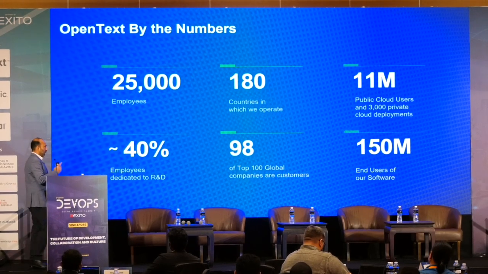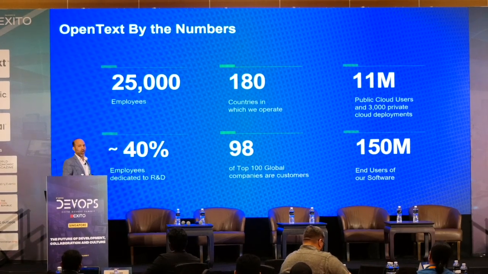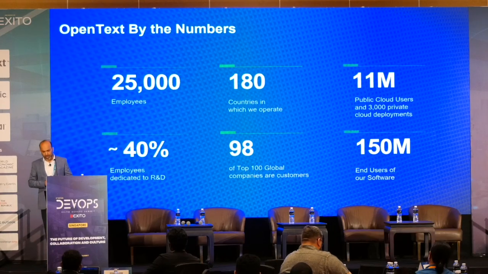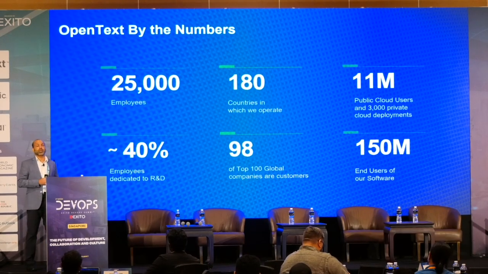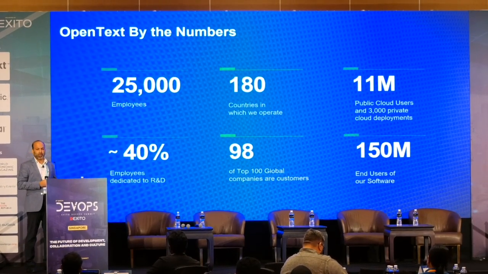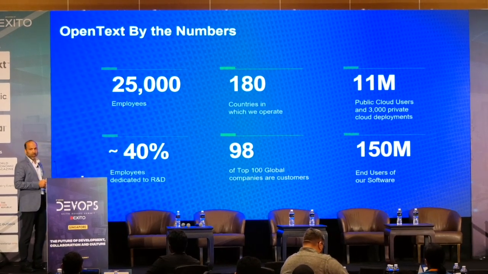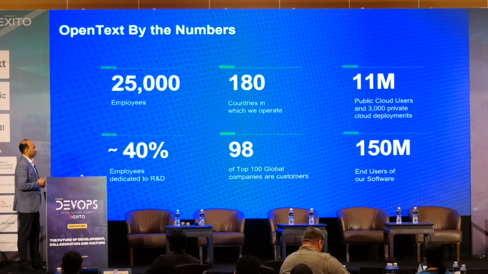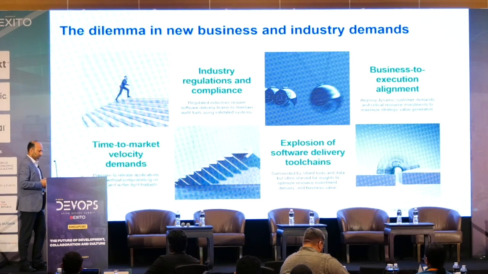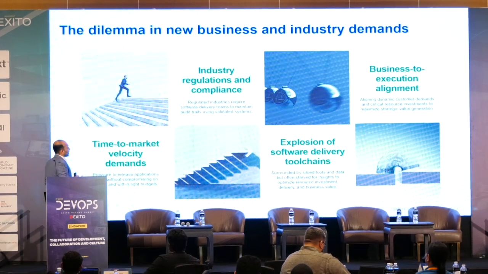We also have 11 million public cloud users on our platform, and we have done almost 3,000 cloud deployments. And we have 150 million end users using our software. With that, let's dive in.